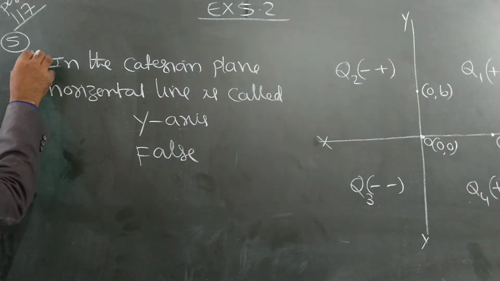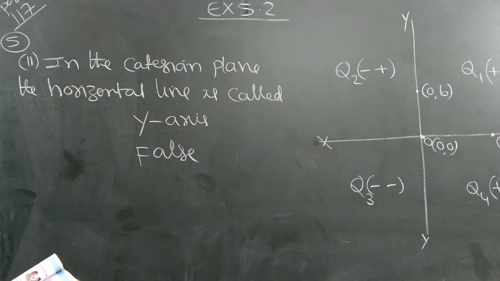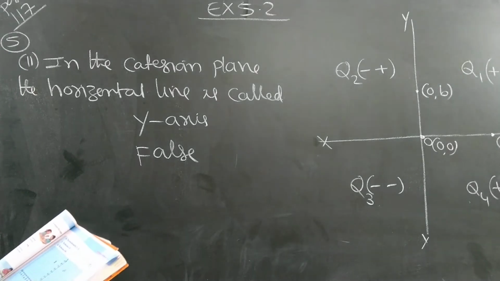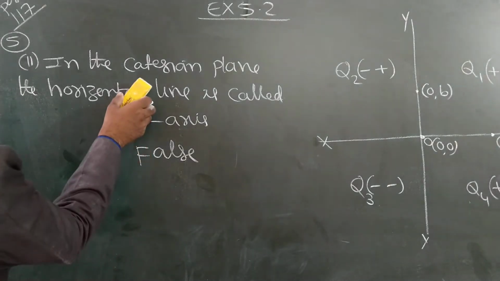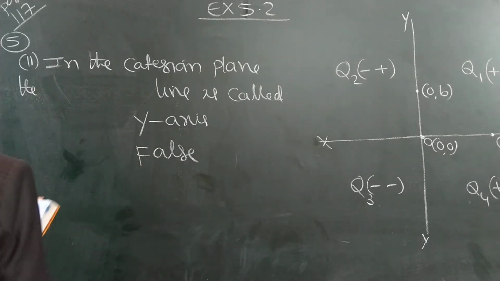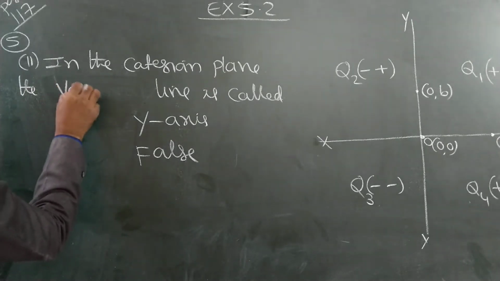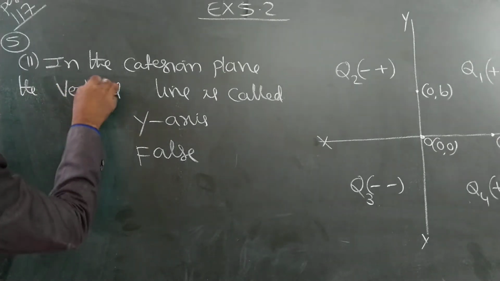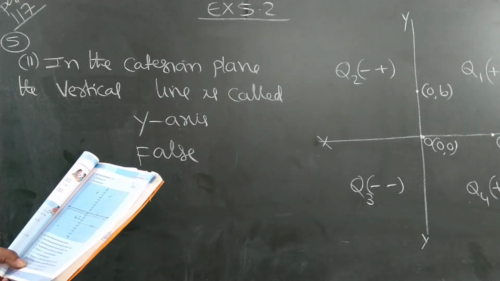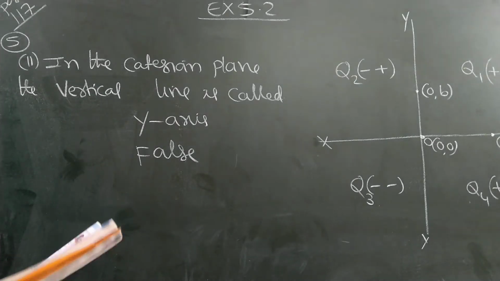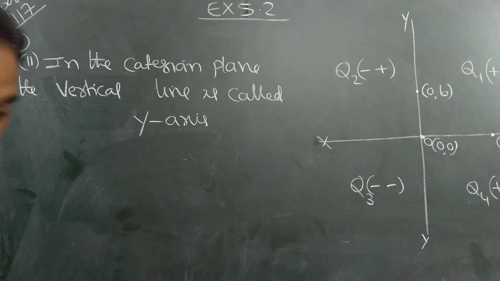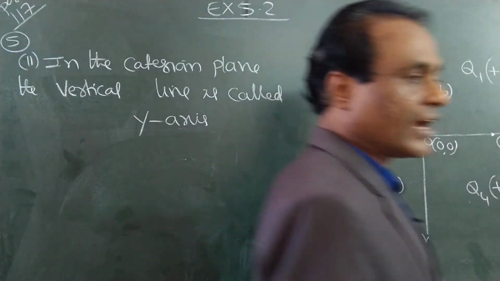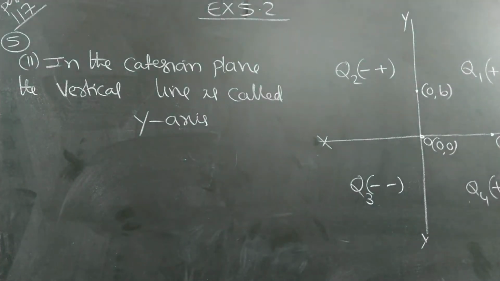Second, in the Cartesian plane, the vertical line is called y-axis. Second question. The statement is true or false. Don't see the answer. Just think and see the concept.